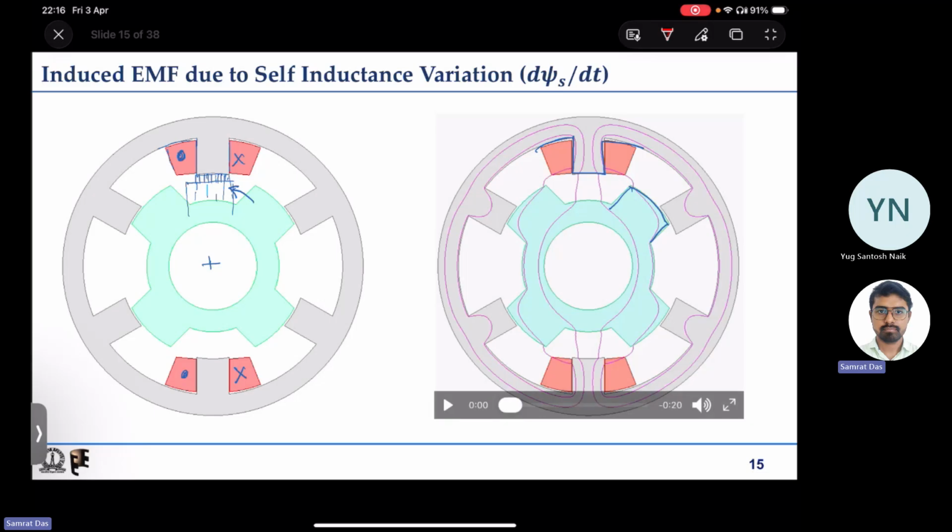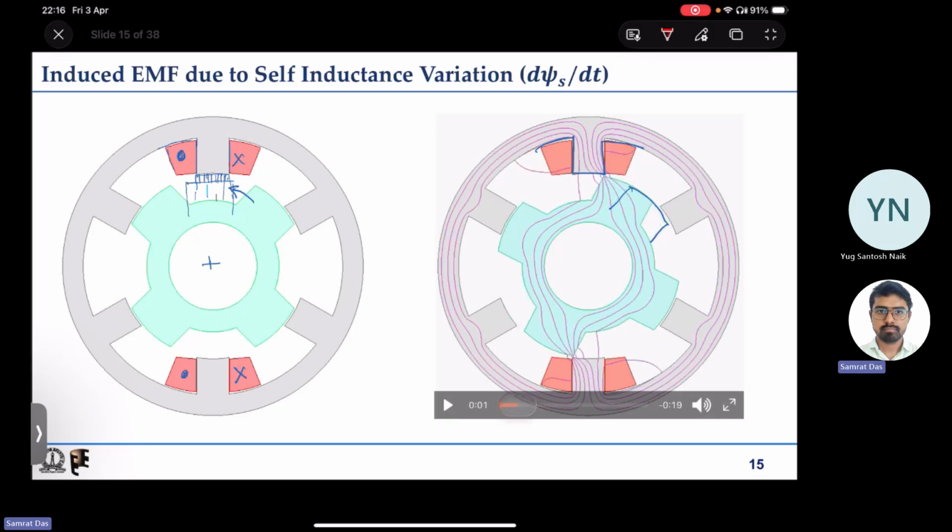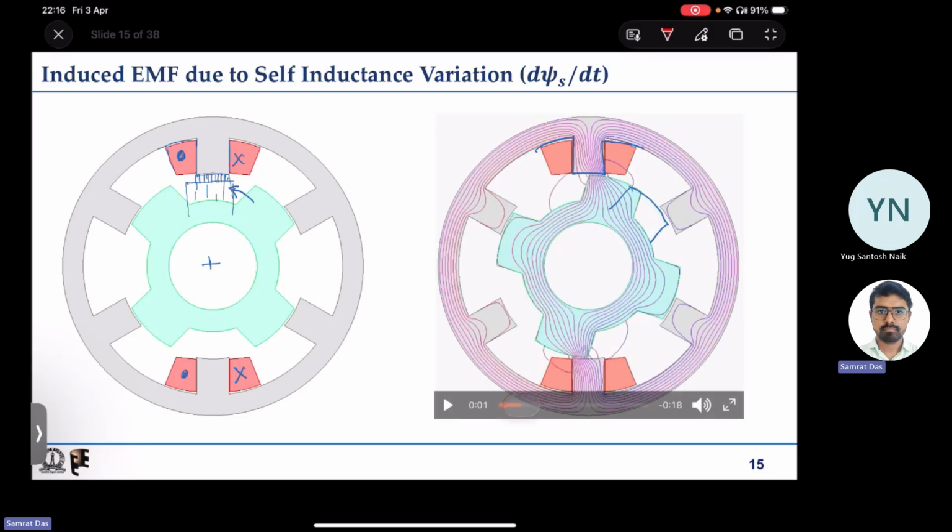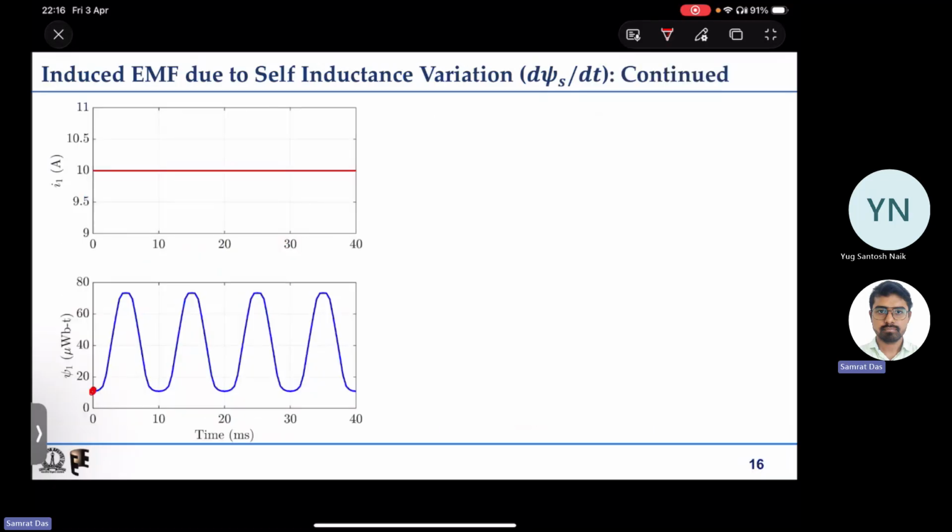But as the rotor rotates and reaches this perfectly aligned position, it reaches the maximum flux linkage, and then again it starts to reduce and comes to this minimum value once more.